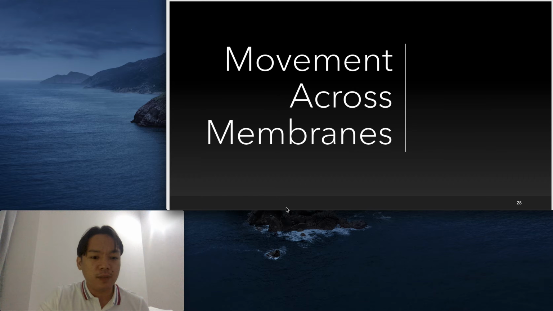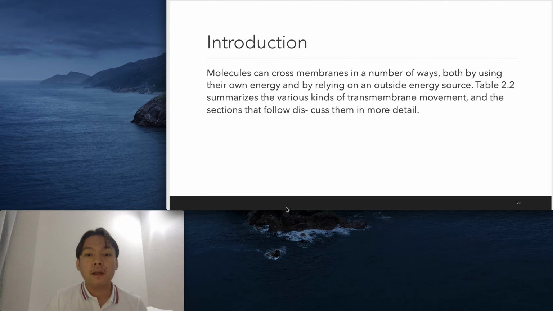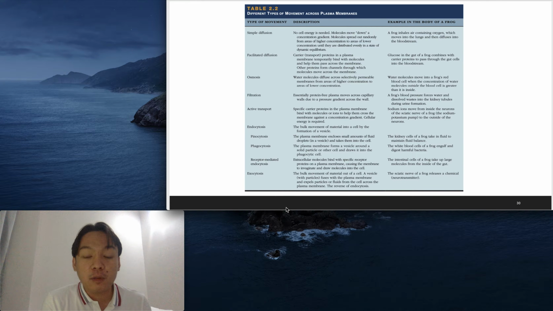So what are the movements that are regulated by the membranes? Molecules come through membranes in a number of ways, either by using their own energy or by relying on energy from an outside source. We have Table 2.2 that will discuss the different kinds of transmembrane movement, and I will just be focusing on certain parts.